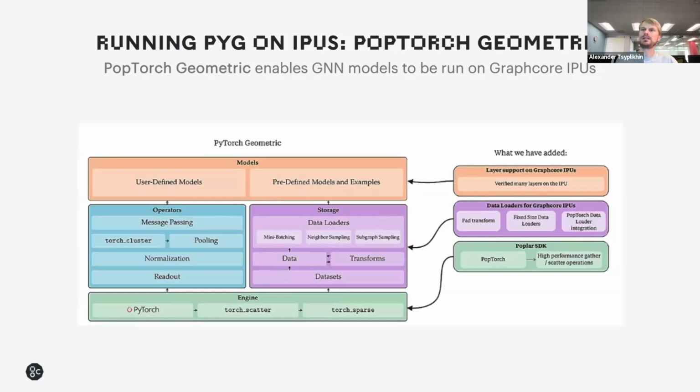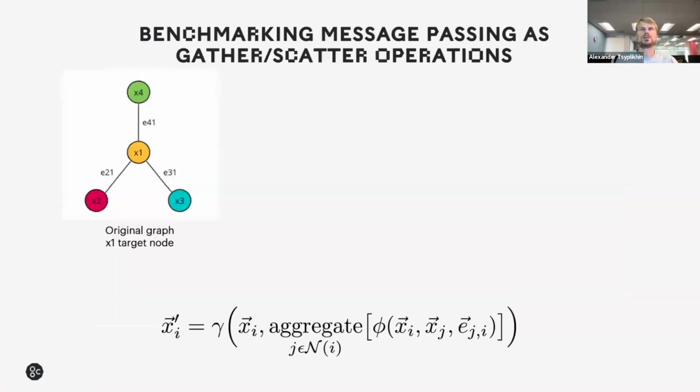And at the SDK level, many of the layers, as I've mentioned yesterday during the porting Poplar deep dive, map to different operations in the Poplar libraries. For example, we do that for the gather scatter operations. And the performance of those operations is something that I will cover in a couple of slides down the road.